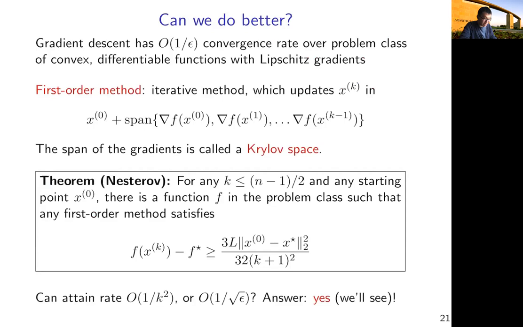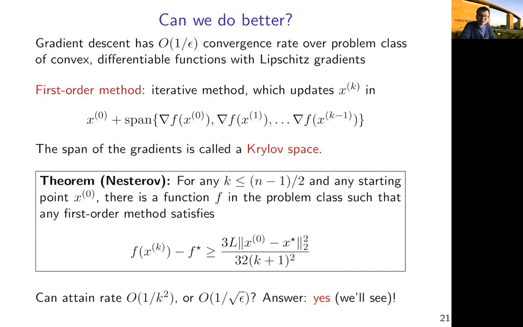With this definition of a family of methods, we can talk information theoretically: what is the best use of this information to construct solutions that optimize this objective function f? Yuri Nesterov very famously constructed pathological examples of functions in infinite dimensional space that provide such a lower bound, saying that for any method within this family of first order methods that uses only gradient information, you cannot get faster than 1/k squared.